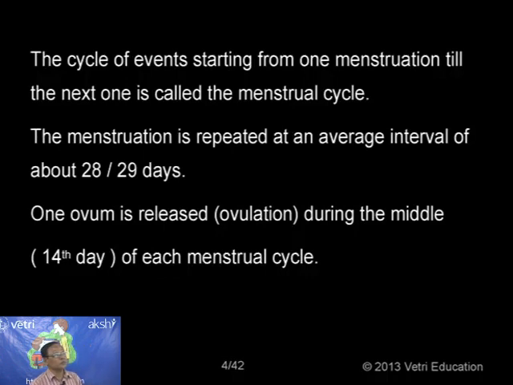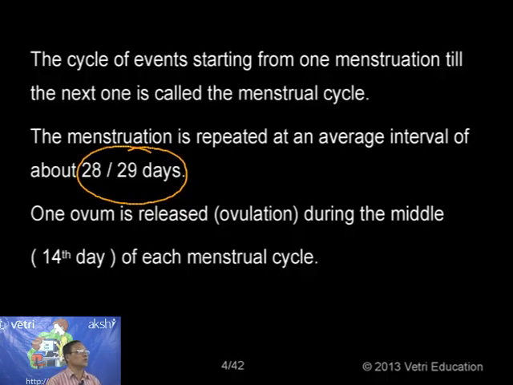Now what is the duration of the menstrual cycle? We say roughly 1 month, but the actual duration is about 28 to 29 days. What happens during that period? Some changes take place in the ovary as well as in the uterine endometrium. So actually the egg is released.